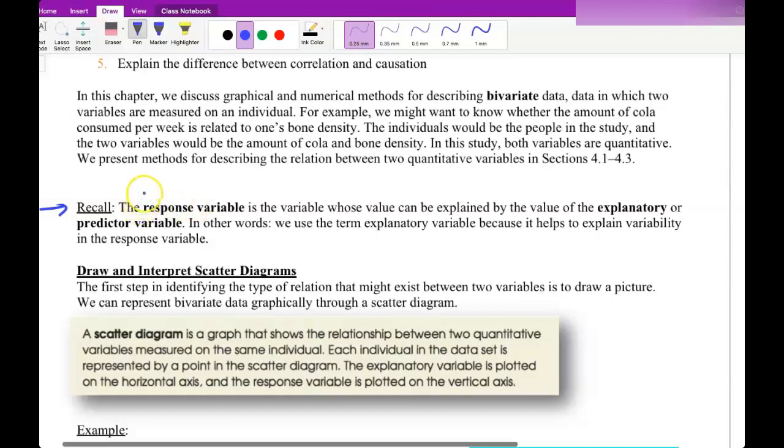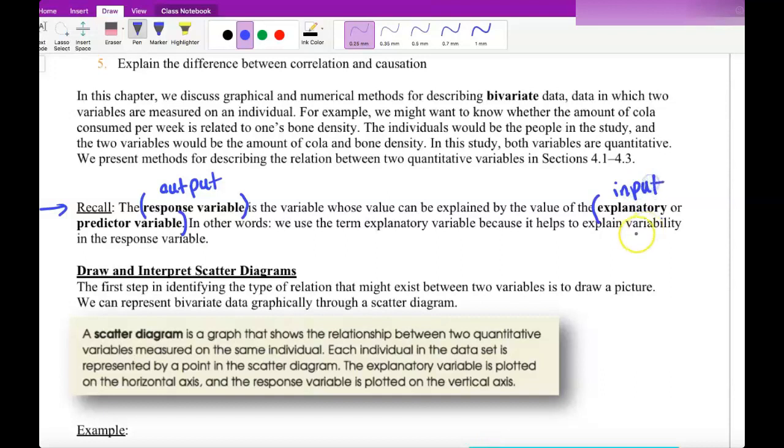This is like having output, and here the explanatory variable is input. Usually for input we use X and here is Y.